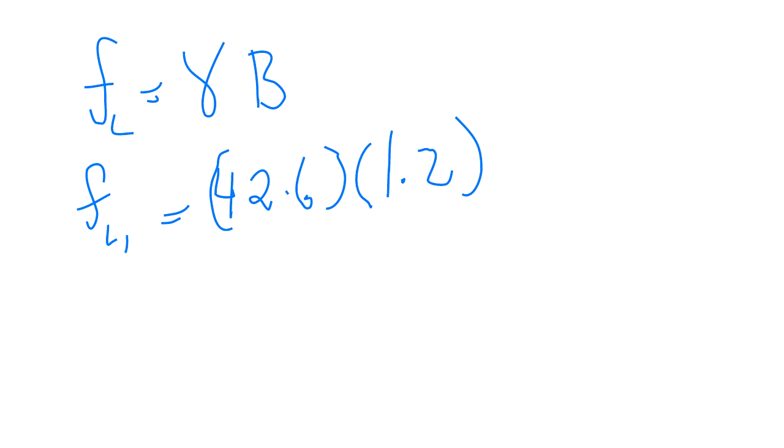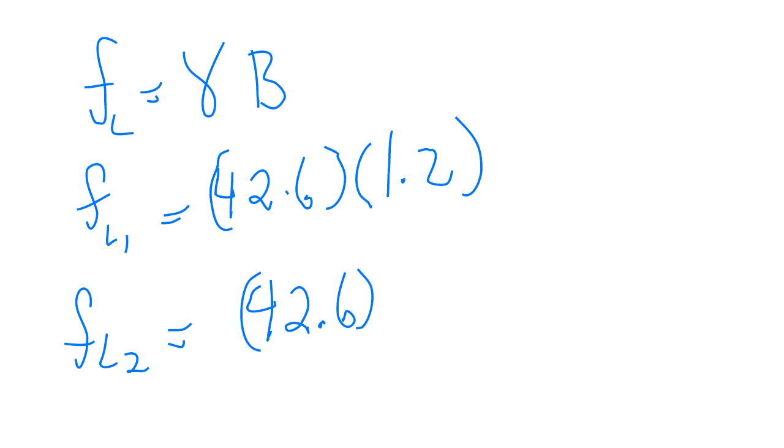The second one, F Larmor 2, is equal to, again, 42.6 does not change, multiplied by the other field, 1.6. The quiz is on Monday. So you just calculate these two. All right, that's the answer to your question.